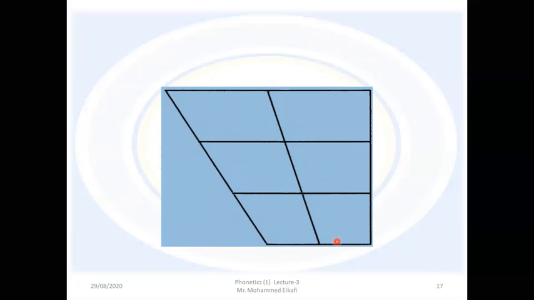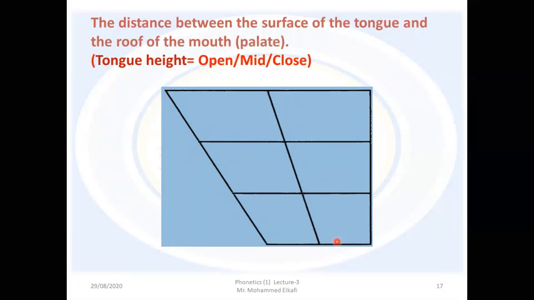So this is a quadrilateral diagram. It's known as the quadrilateral diagram, or vowels diagram, or vowels quadrilateral diagram. The distance between the surface of the tongue and the roof of the mouth can be described through this one, so we can see the tongue height.